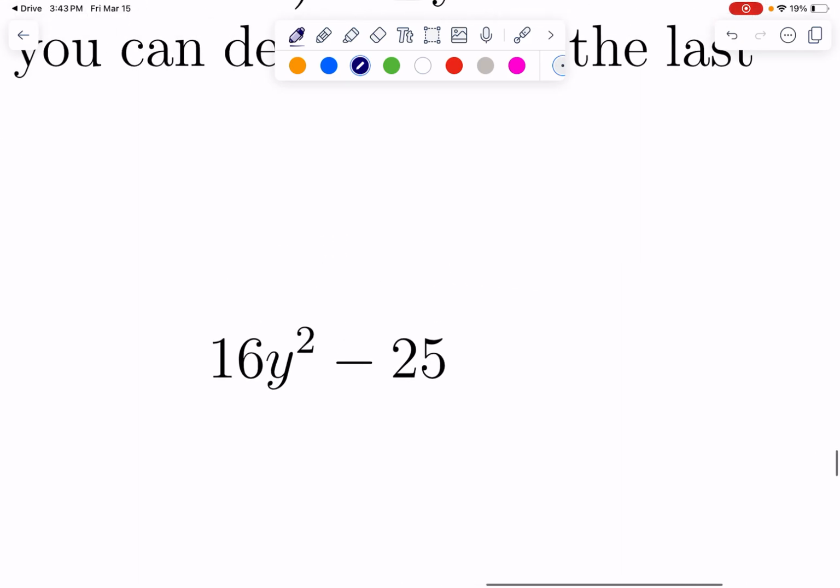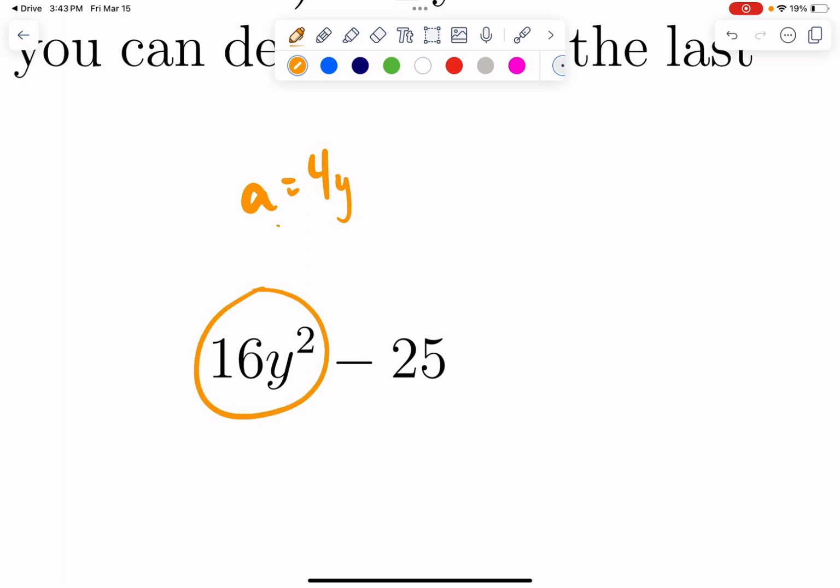Again, we have a pattern. If a is 4y, we're noticing this is the result of squaring that. 4 times 4 is 16, y times y is y squared. If b is 5, we're noticing that's 5 times 5. This is what's called a difference of perfect squares. Difference is when we subtract. This rule only works when we are subtracting perfect squares.